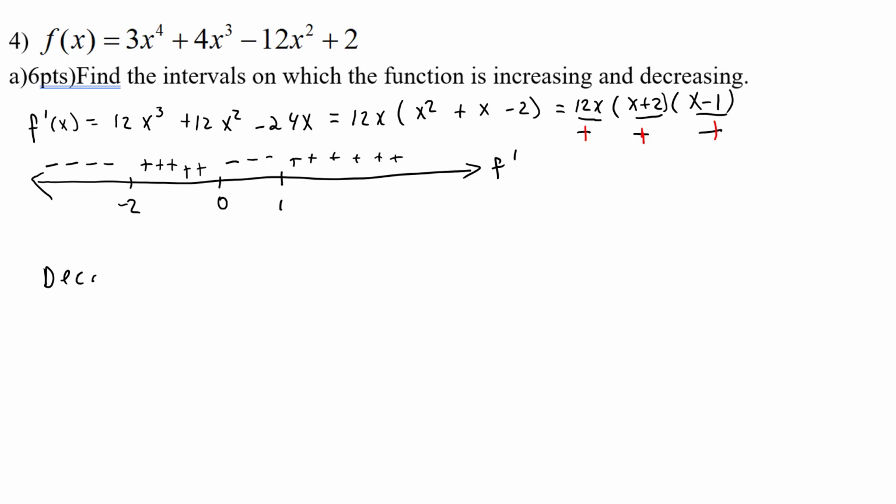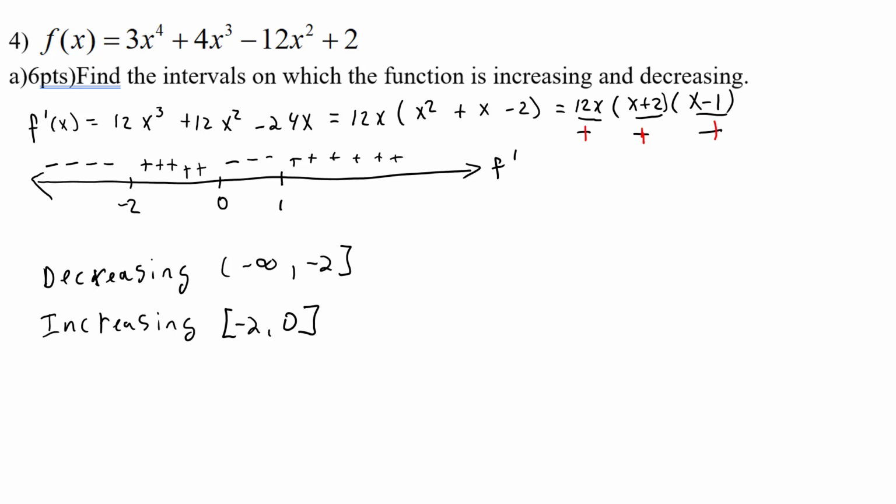So for decreasing, we see that this will be decreasing from negative infinity to negative 2, including the negative 2. For increasing, once we get past the negative 2, my derivative is positive, so my original function will be increasing from negative 2 to 0.